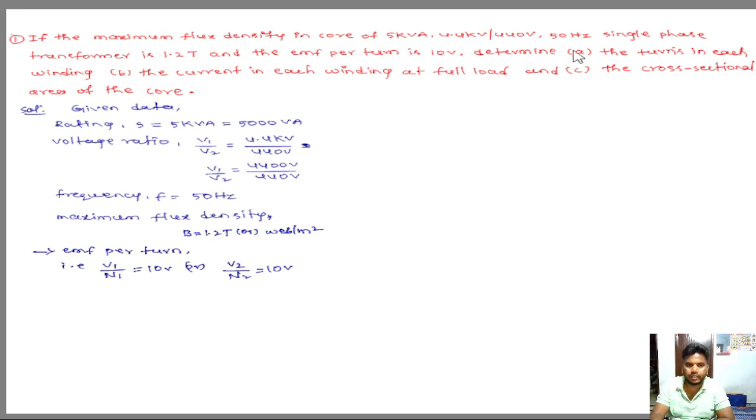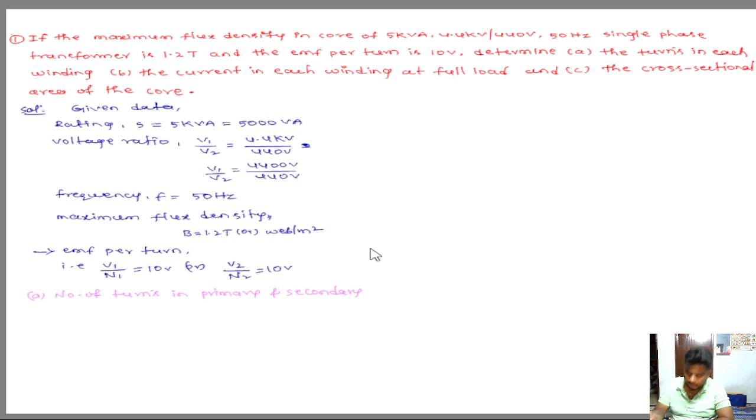Next, we need to calculate the turns in each winding, that is, the number of turns in primary N1 and the number of turns in secondary N2. Part (a): the number of turns in primary and secondary. The number of turns in primary is N1.